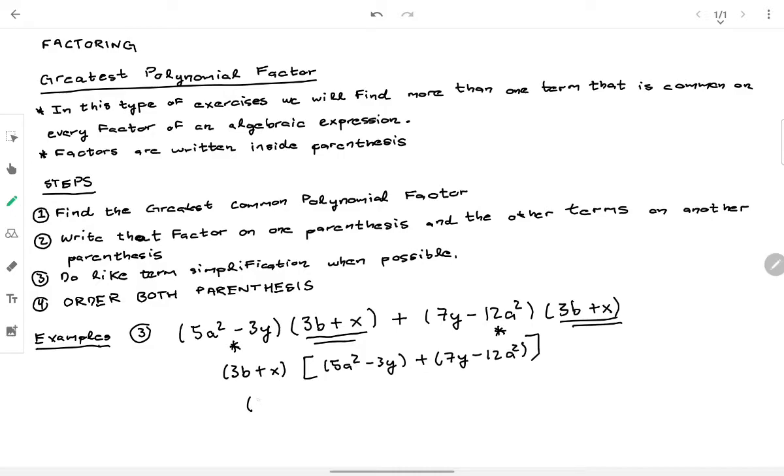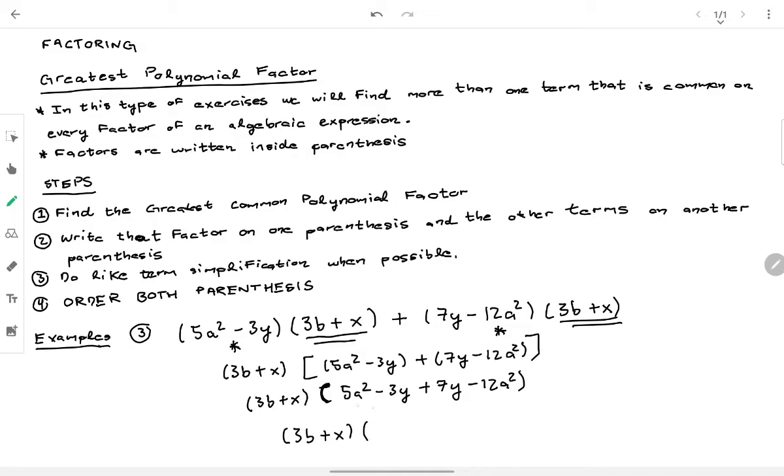So I will put it like 3b plus x. Then in the other one, I can eliminate the brackets, or the parentheses, I'm sorry, and it's going to be 5a squared minus 3y plus 7y minus 12a squared. Then I can do like term simplification.